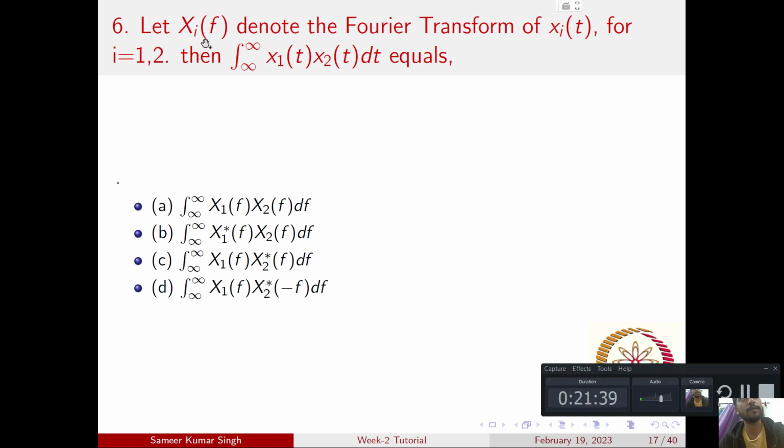The question is, let Xi(f) denote the Fourier transform of xi(t), where i varies from 1 to 2. Then we have to calculate the integration of x1(t) into x2(t), and find the output, with the limit going from minus infinity to plus infinity.